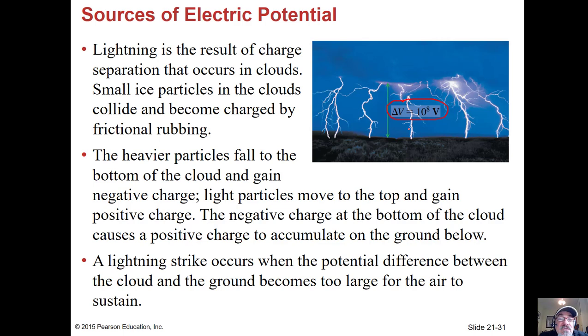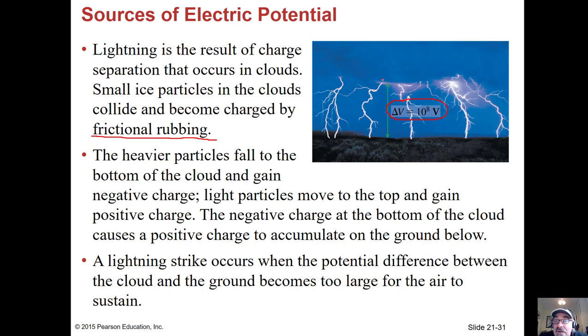Lightning is the result of charge separation that occurs in clouds. Small ice particles in the clouds collide and become charged by frictional rubbing. If you've done the first lab, you know you could actually do that pretty easily. Heavier particles fall to the bottom and gain negative charge. Lighter particles move to the top and gain positive charge. There's a difference in voltage. Negative charge on the bottom of the cloud causes positive charge to accumulate on the ground, through induction.